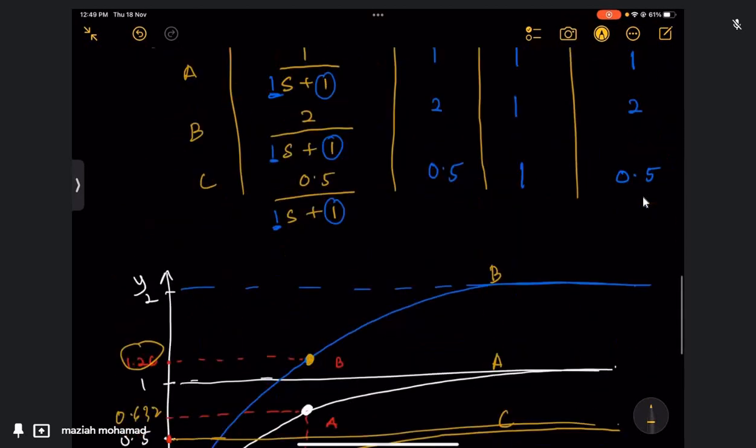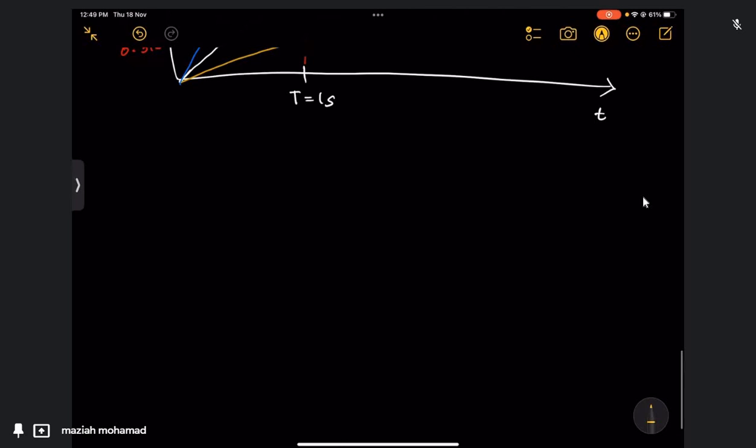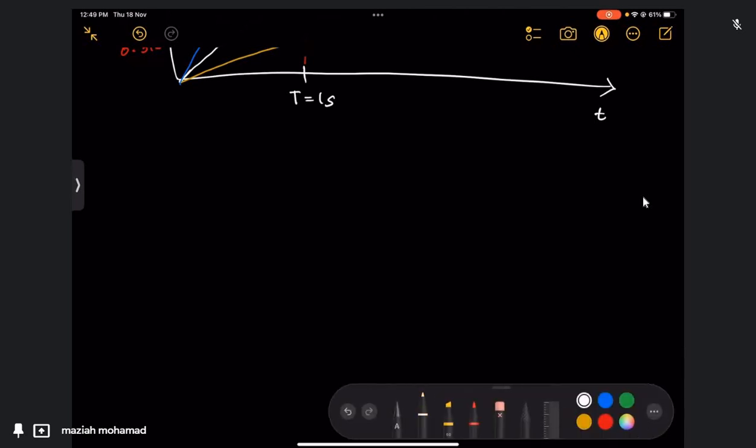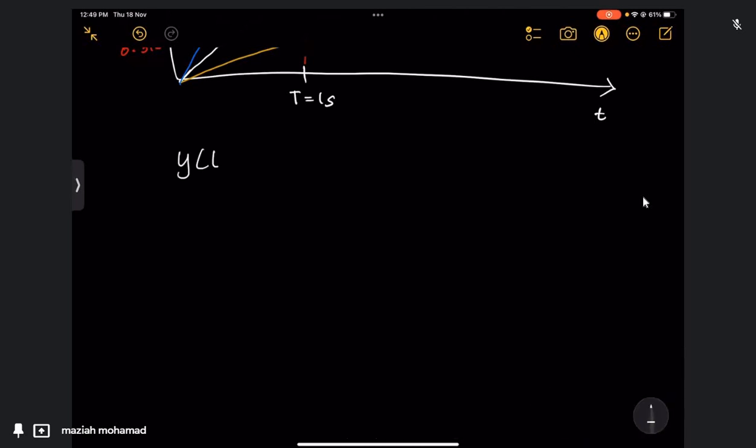Just now I gave the general response based on our derivation: 1 minus exponent negative t over T. But this one considers K equal to 1, the static gain.